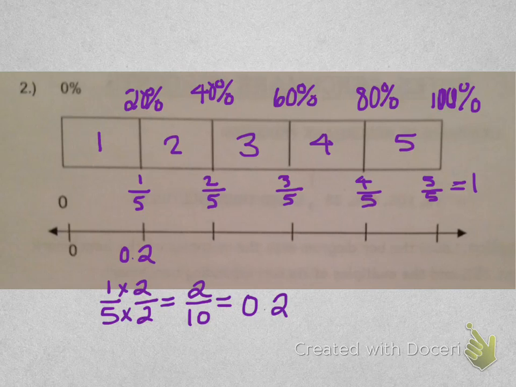And then if we have 2 parts of that, 0.2 times 2 is 0.4. Also, remember, let's look at 60%. We could look at 60%, start our decimal at the back, and move it over 2 times to the left, giving us 0.6. Doing the same thing for this last one, which is 0.8. And then, of course, 1.